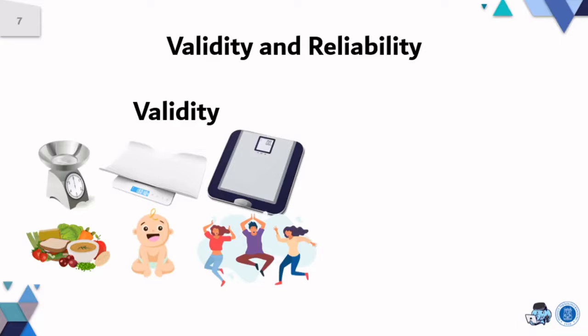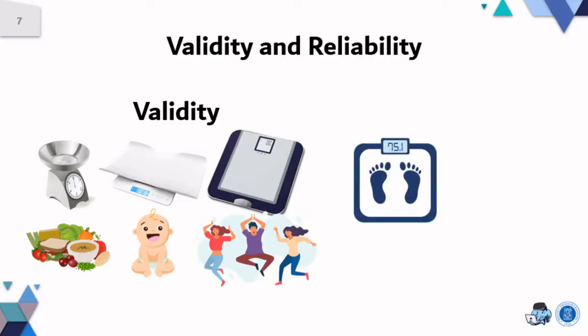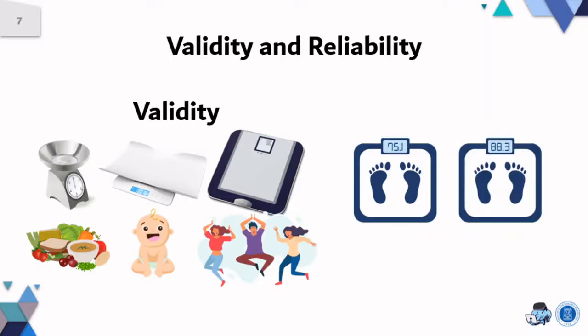Let's say that you choose the last type of scale. You step on the scale to measure your body weight. It shows 75.1 kilograms. You're surprised because the last time you scaled, your weight was around 72 kilos. You think you gained weight. Then you step on it again to ensure whether you really gained weight. You are more surprised because the result jumps to 88.3 kilos.